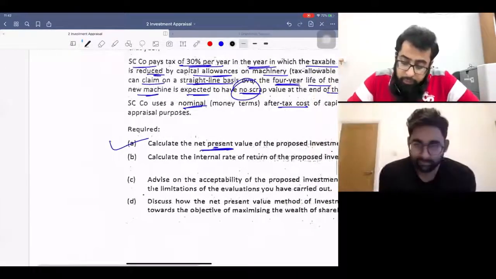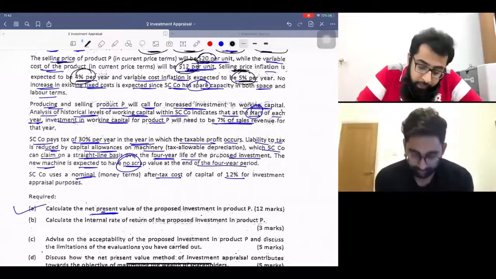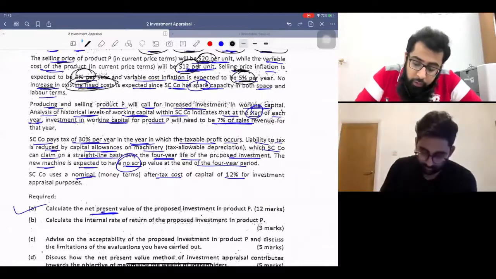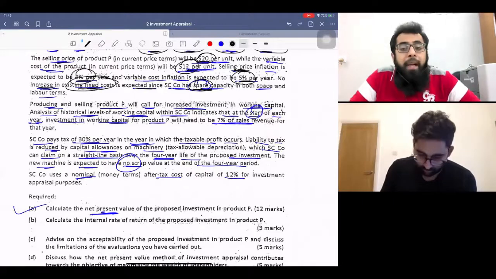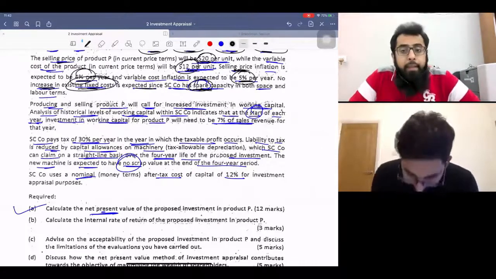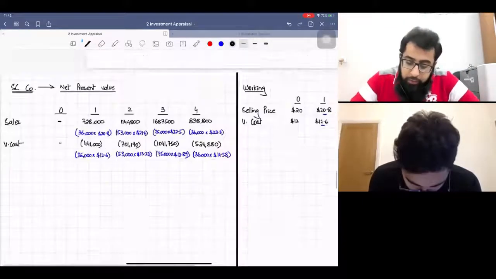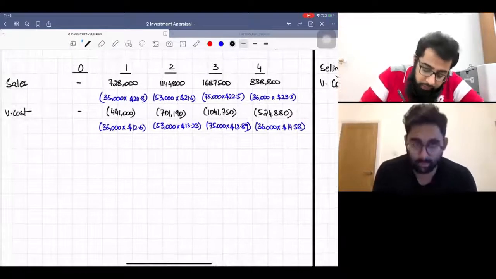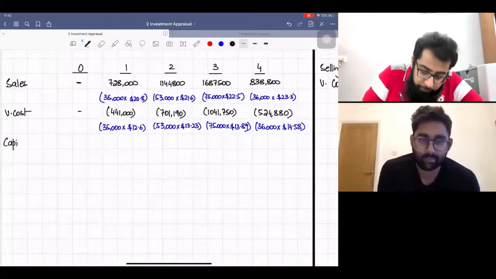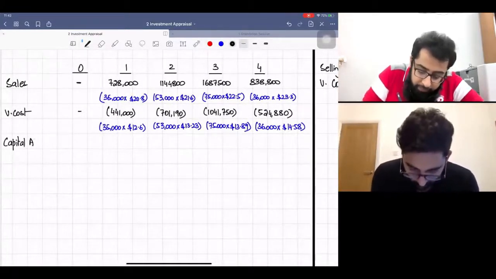It was stated in the question that there will be no increase in the fixed cost as the company has spare capacity. Okay. So just what we need to include is the capital allowances so that we can reach the taxable profits.